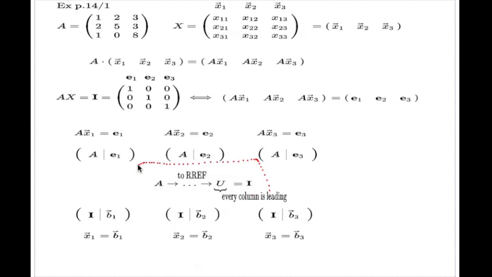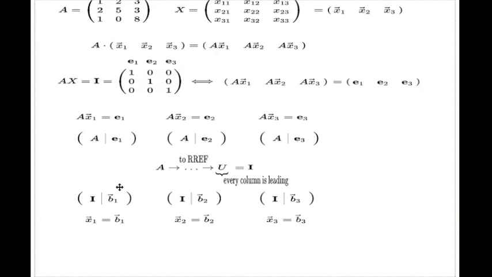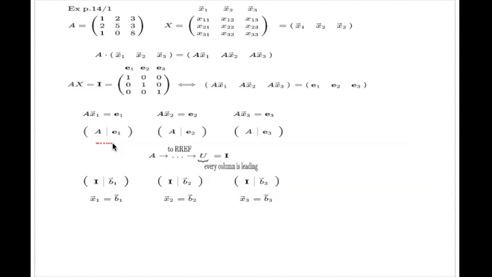Now, in practice, if you try to do this once, you will realize that actually you don't have to write this separately. You can write all of these right-hand sides here in one single place. So in practice, instead of writing these 3 augmented matrices separately, we will write one single augmented matrix.